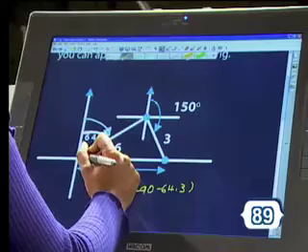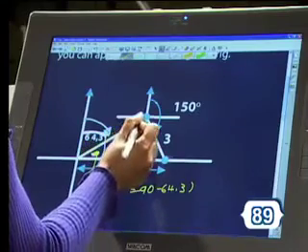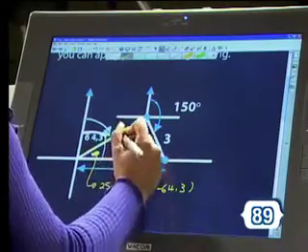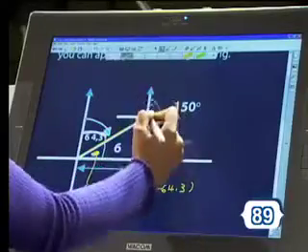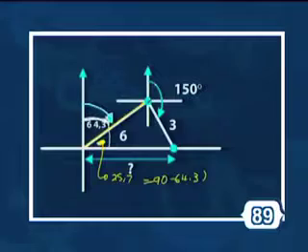He walks on this bearing for 6 k's, at which point he then changes his bearing. So when he changes his bearing, we now have to impose another system of axes there where we can measure from. So he walks for 6 k's, and at that point he's going to change direction.